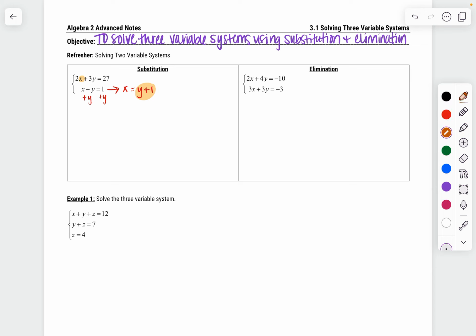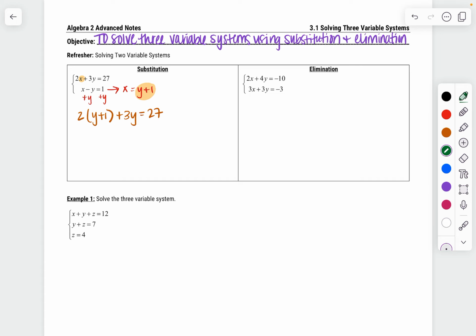Everything else will stay the same. So I'm going to have 2, and where x is, I'm going to plug in y plus 1. I'm going to leave the 3y alone, and it's going to be equal to 27. Now, the goal of this process is that you now have an equation with only one variable. So in this case, it's all in terms of y.